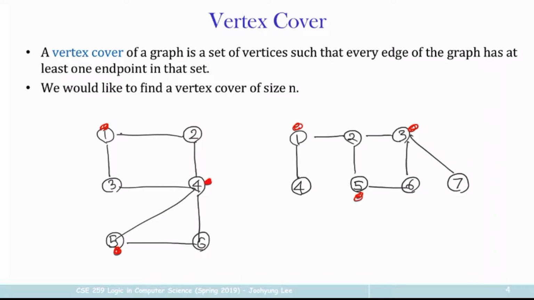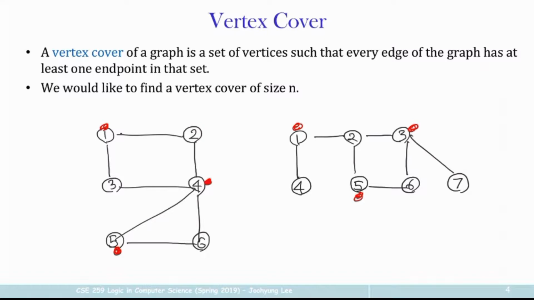Can you beat 3? Seems not possible. But how do you know it's not possible? In principle, you have to try all possibilities, right? If you have 2, then for any pair of vertices that you choose, you have to prove that there exist some edges that are not covered. And how many pairs of vertices can you choose?